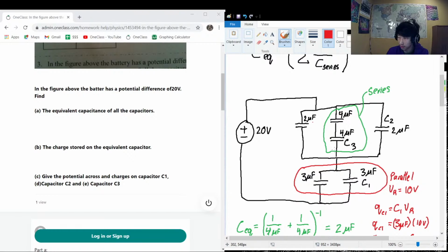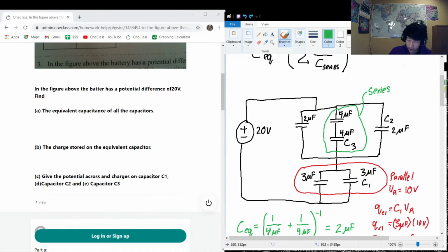So all that's left here is we've got to get the green. That's the last thing, because green contains C3. So we know that the Q of C3 has to be equal to the Q of C2, right? Wait, my bad. That's not true.